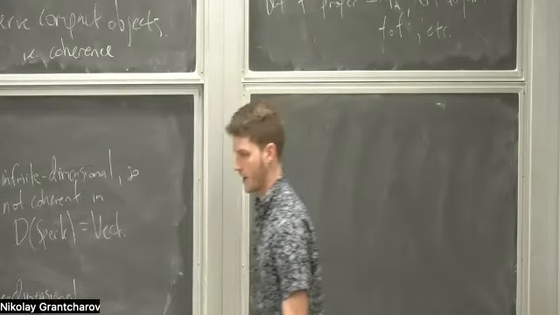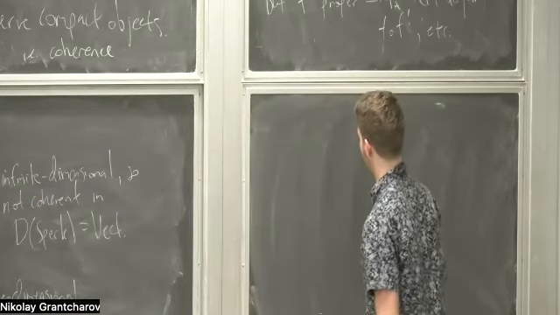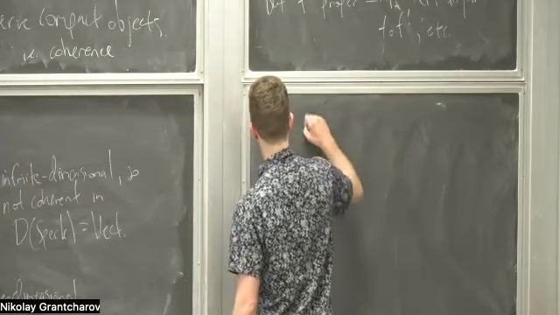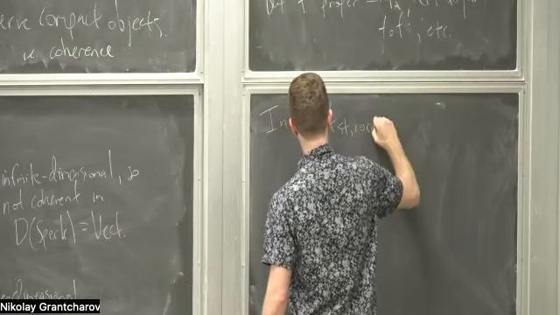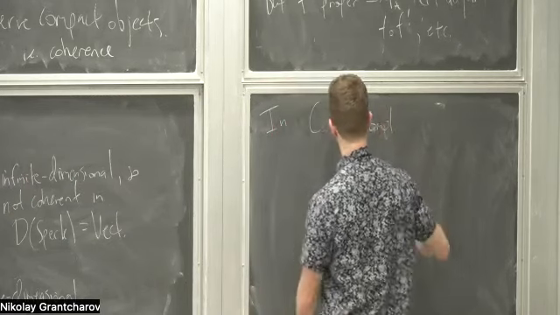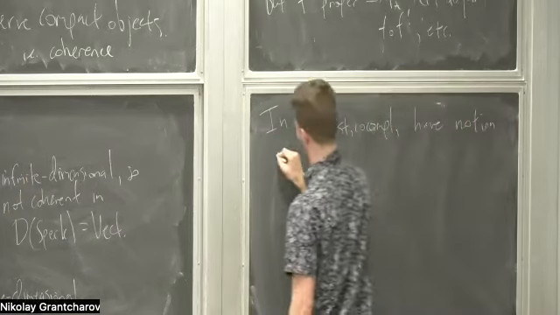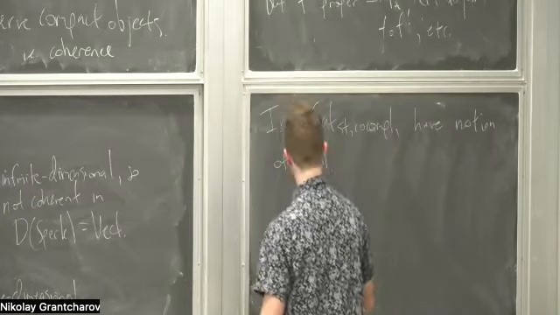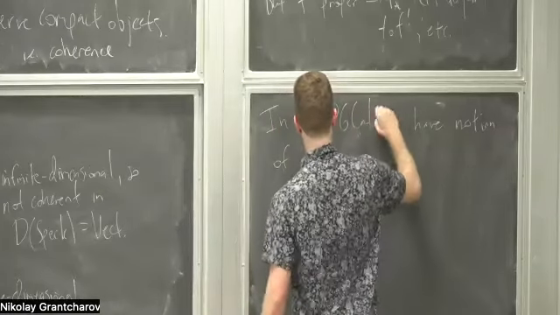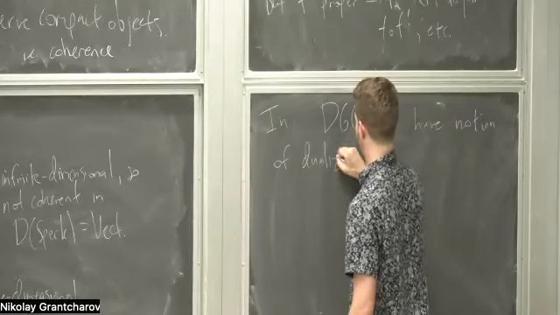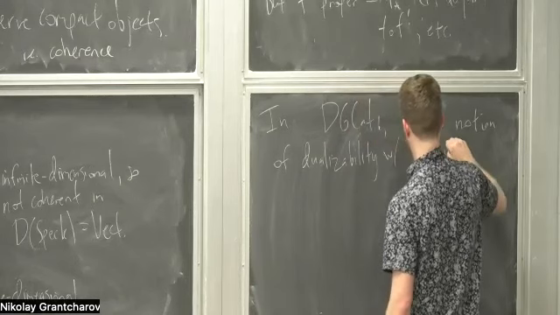Yeah, since I have a bit of time left, maybe I'll make the following general comment. So in this world of cocomplete stable categories, we have the notion of dualizability, working in that context, with respect to the Lurie tensor product.